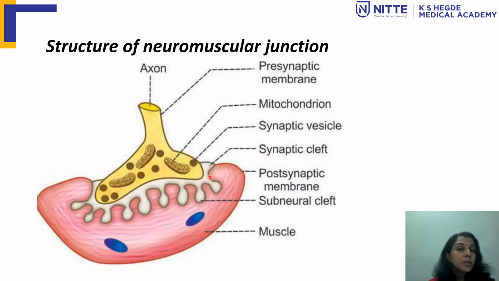This is a space which separates the presynaptic membrane and the postsynaptic muscle fiber. This space is what we call synaptic cleft. We have the subneural cleft. These are specialized regions where a high concentration of acetylcholine will be there, and even the nicotinic cholinergic receptors are present in this subneural cleft.